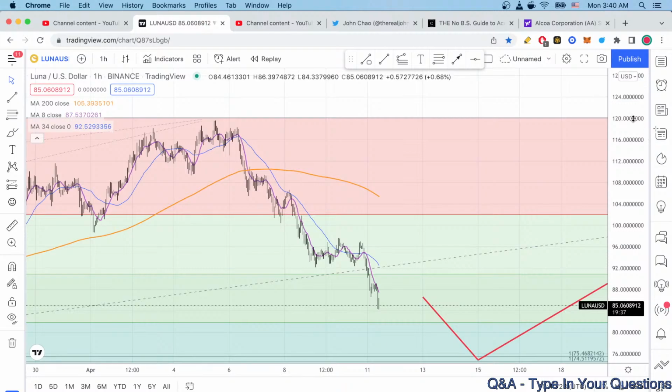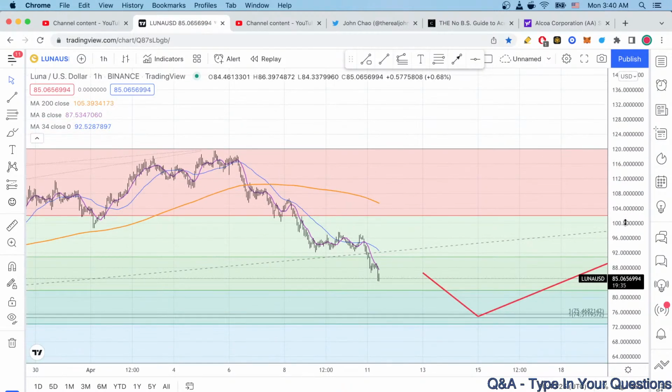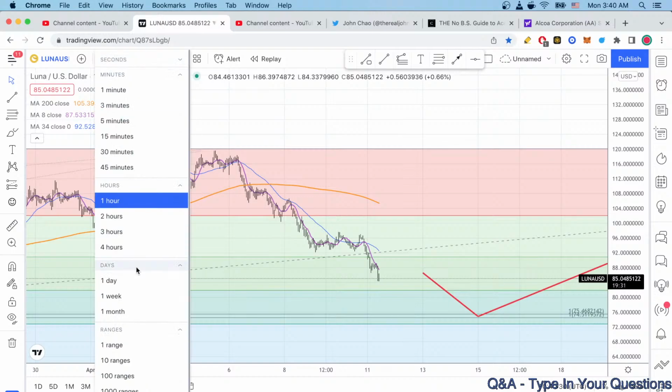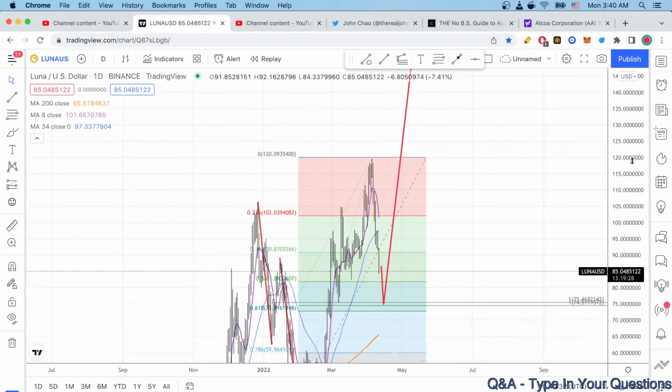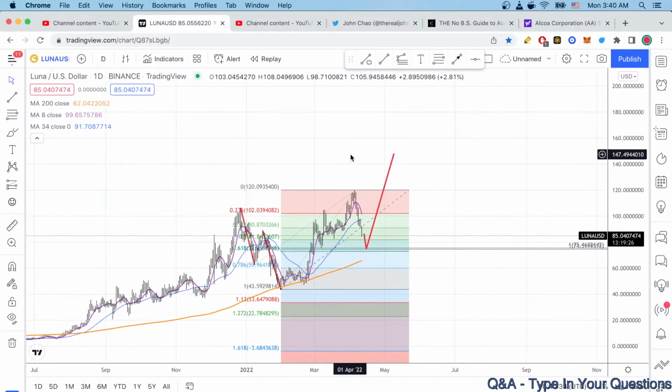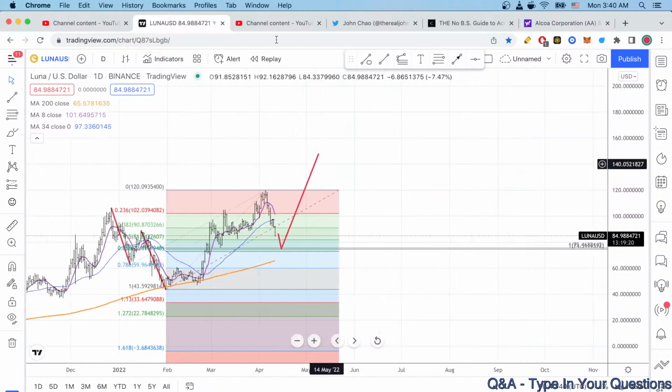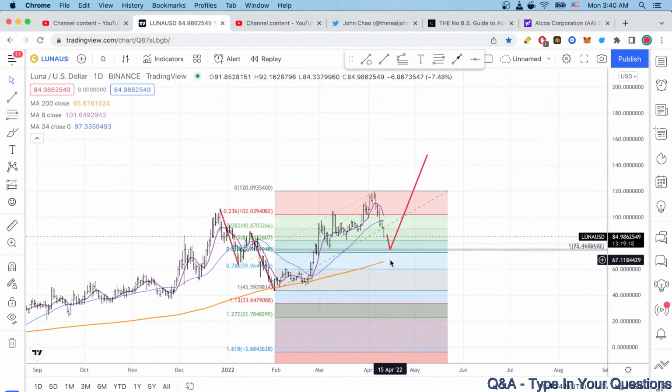So from here, this is where position sizing has to come into play, because on the daily chart, the overall trend is very bullish, but on the hourly chart, it's not so hot, right? If we continue to see weakness, Luna can break through below this particular area of potential support.